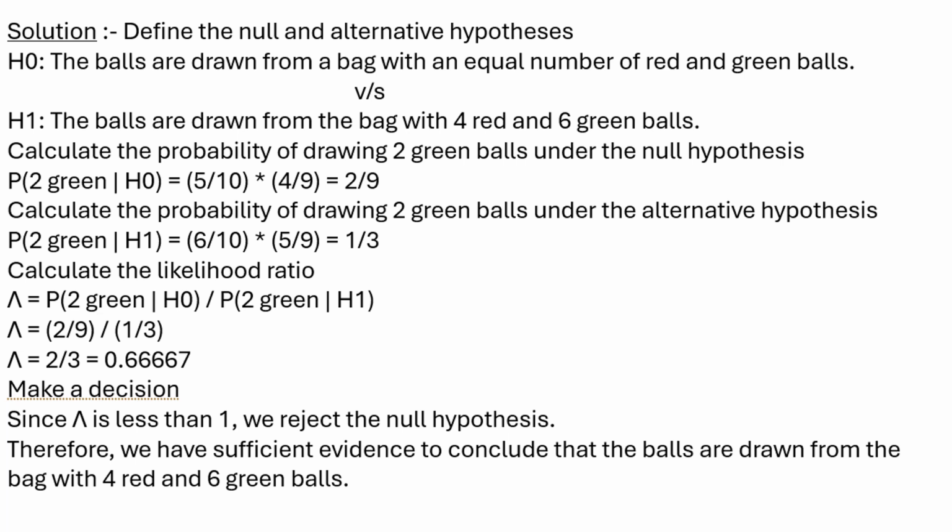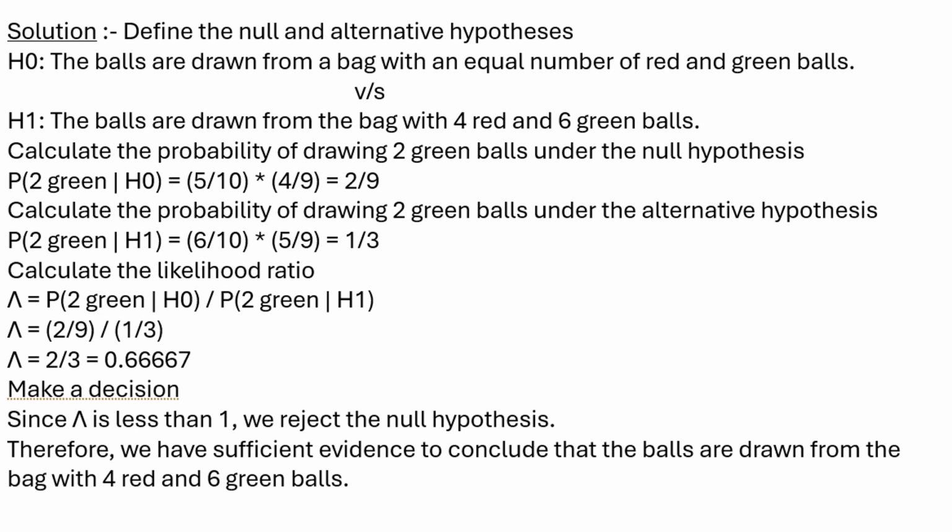Now we calculate the probability to draw 2 green balls under the null hypothesis, denoted as the probability to draw 2 green balls given H0, which is 5 by 10 into 4 by 9, which is nothing but 2 by 9. We further calculate the probability to draw 2 green balls under the alternative hypothesis, given as the probability to draw 2 green balls given H1, which is 6 by 10 into 5 by 9, which can be simplified to get 1 by 3.